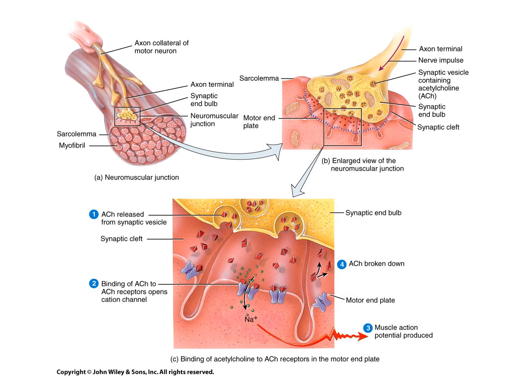Also shown in this diagram are enzymes called acetylcholinesterase that break down acetylcholine in the cleft. That is important for limiting the extent of contraction and for ending a contraction.